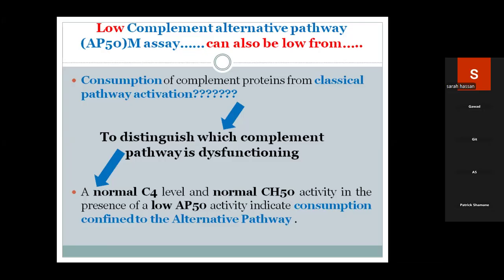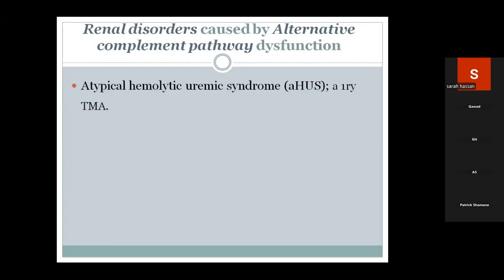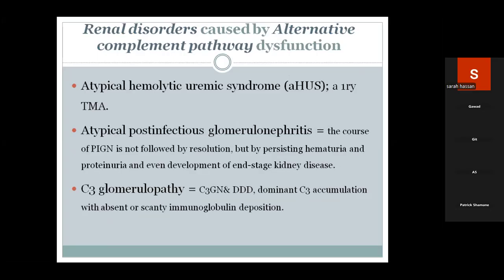Okay, let's go through this slide and see what the renal disorders caused by alternative complement pathway dysfunction are. First, atypical HUS, and post-infectious GN but atypical, which has a prolonged course with persistent hematuria, proteinuria, and even development of end-stage disease, and C3 glomerulopathies, as we have said before.